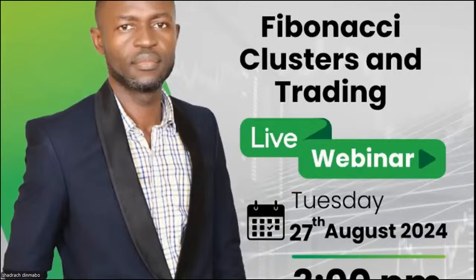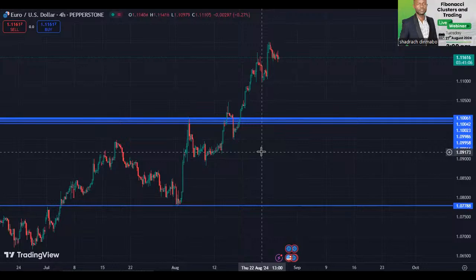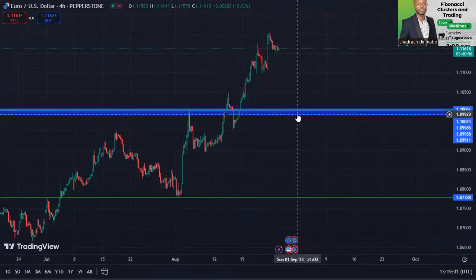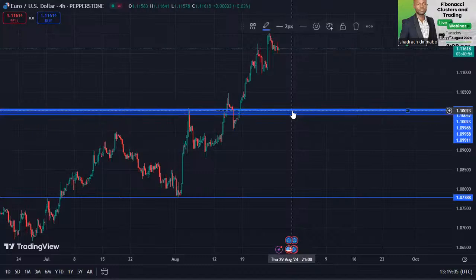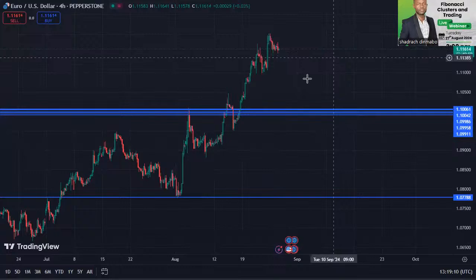All right, straight up, without wasting much time, we want to look into the Fibonacci clusters. Like I earlier said, I won't waste much time on this, and I'll just go straight to the point on how to identify Fibonacci clusters.